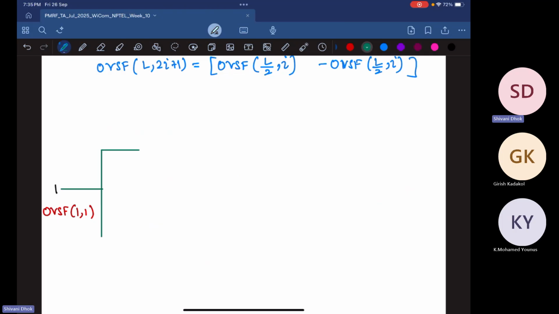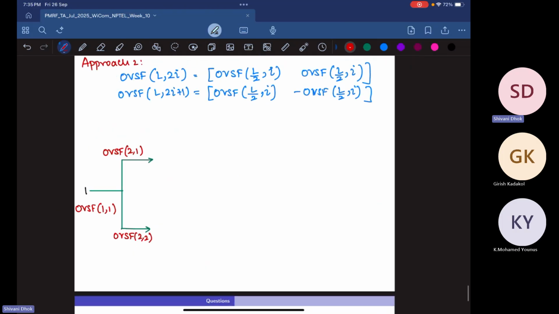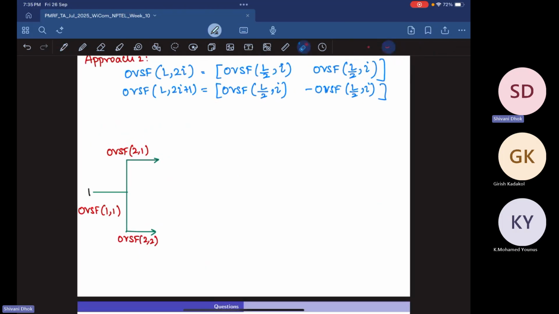So the first one here will be OVSF of 2, 1, and the second one will be OVSF of 2, 2. Now if we have OVSF of 2, 2, that is this one, what we do is repeat the same thing 2 times.